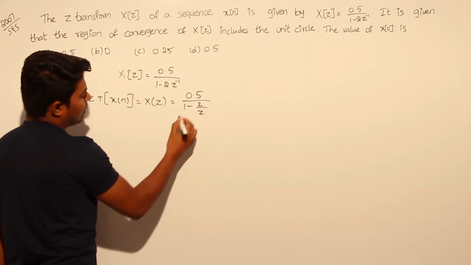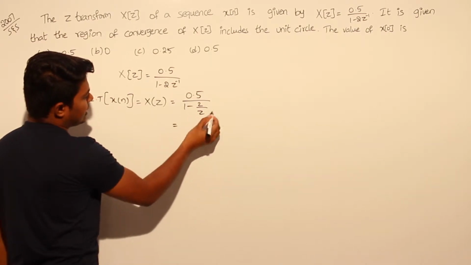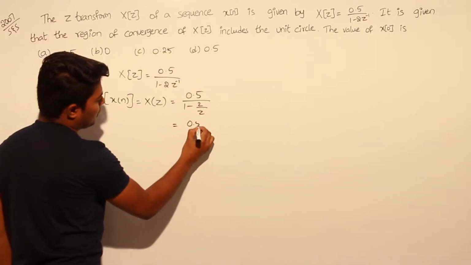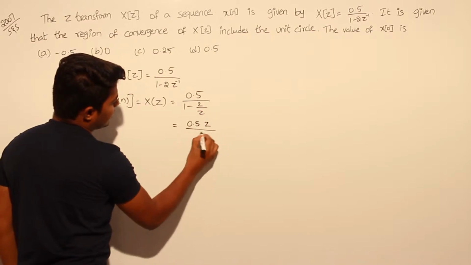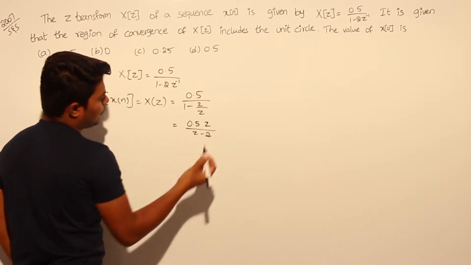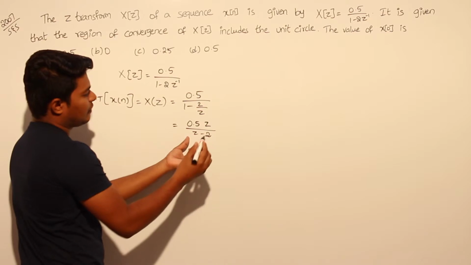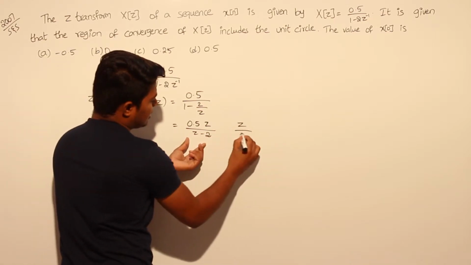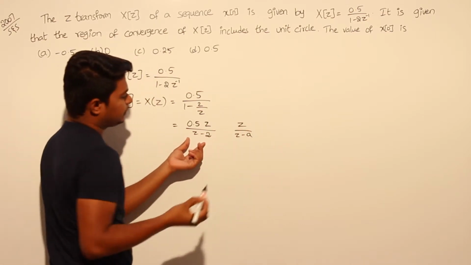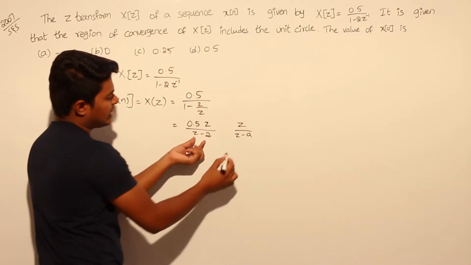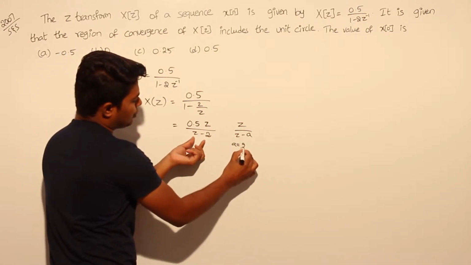Now take the LCM and move the z to the numerator. It will be 0.5z / (z - 2). If you look closely, it is in the form of z / (z - a), where a is equal to 2.